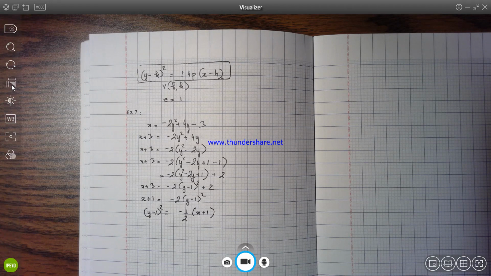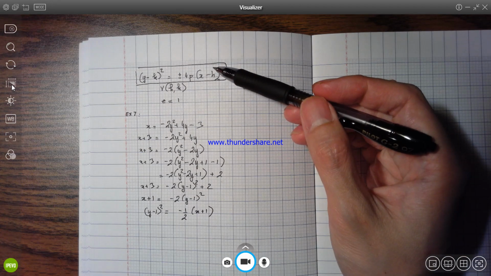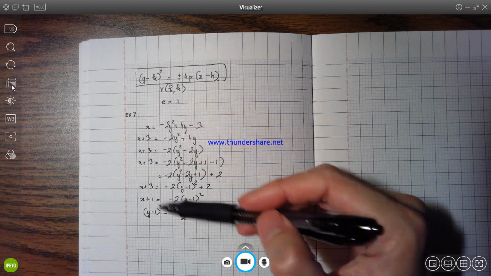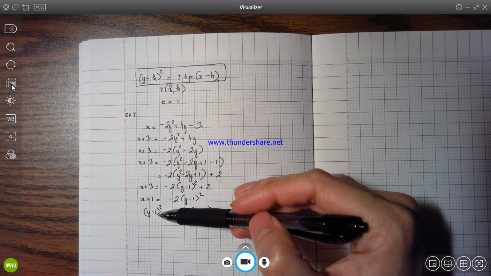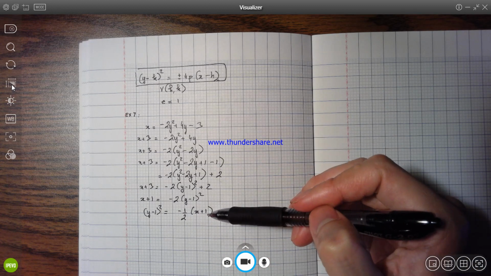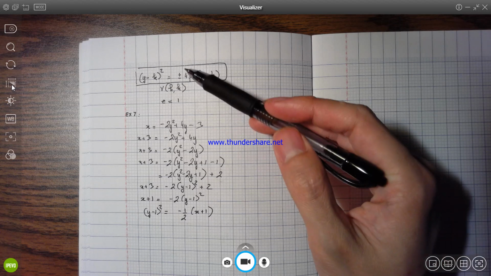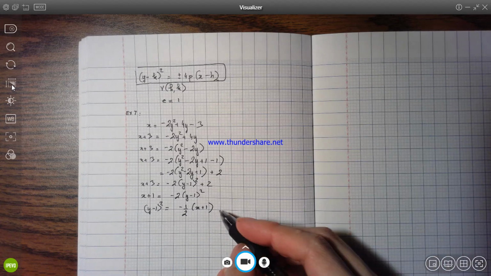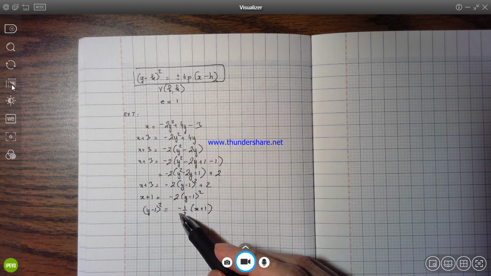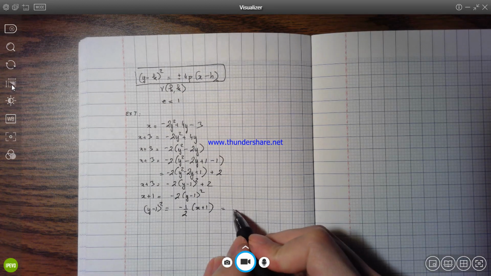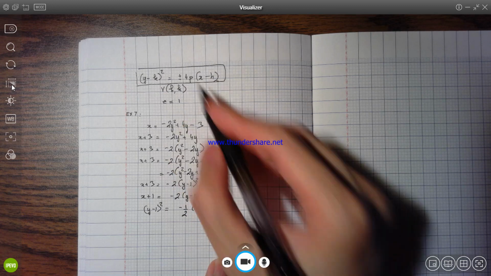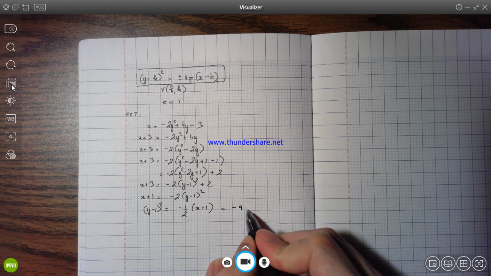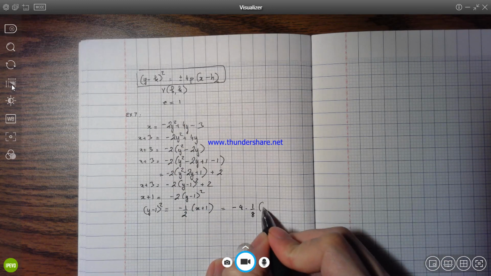Okay, so it's almost in the form, right? So it looks like your k is 1 and your h is -1. Okay, but we need to bring it to the 4p form, and we know this parabola opens to the left, so let's rewrite it with the number 4. So we have -4 times 1/8 times (x plus 1).